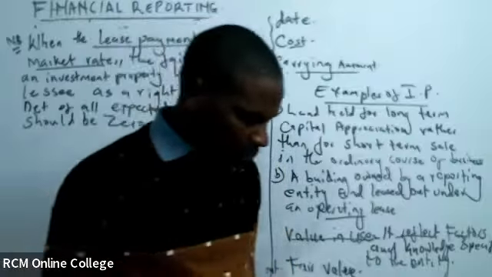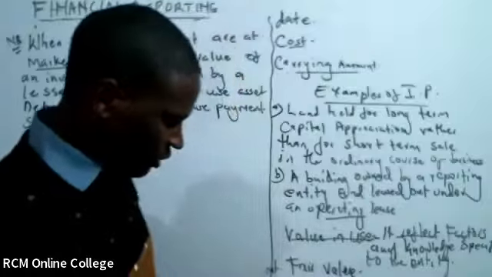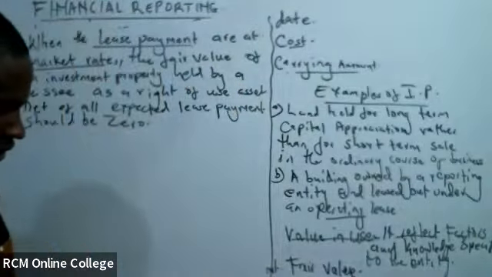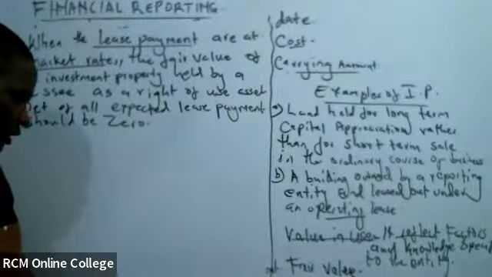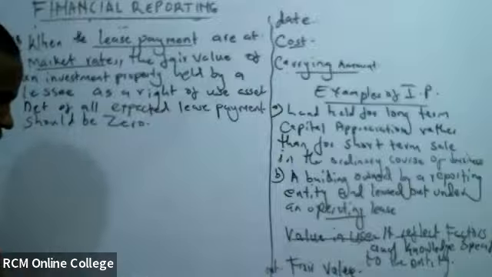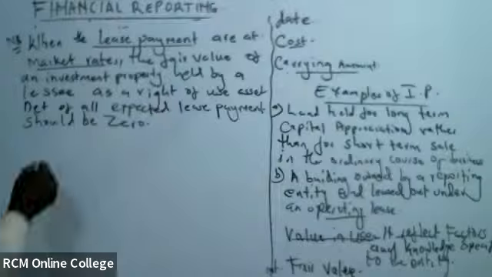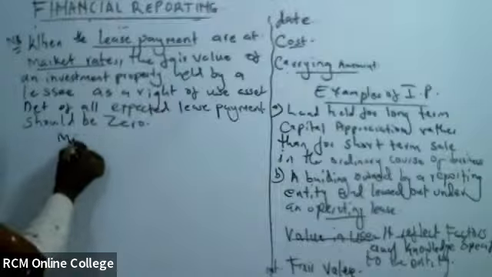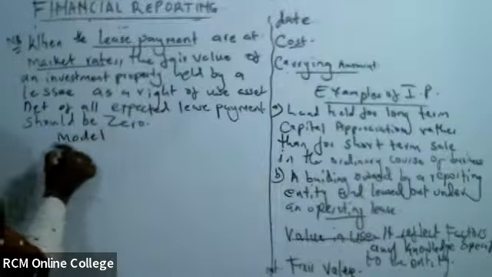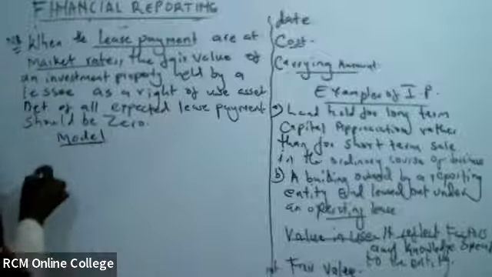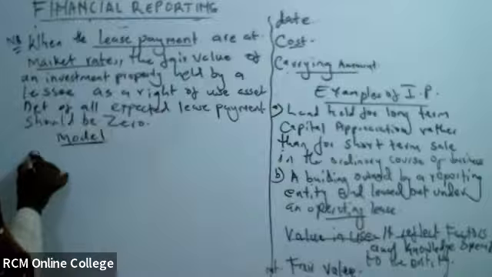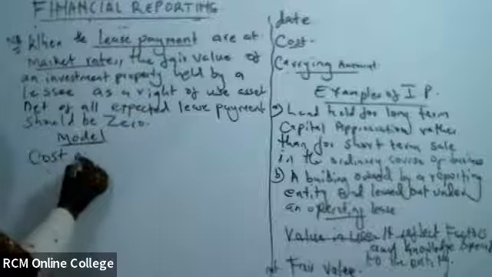So we have a model, we have models that can be used. The first one is a cost model, and the second one is the fair value model. So we have two models that can be used. So the first one is the cost model.